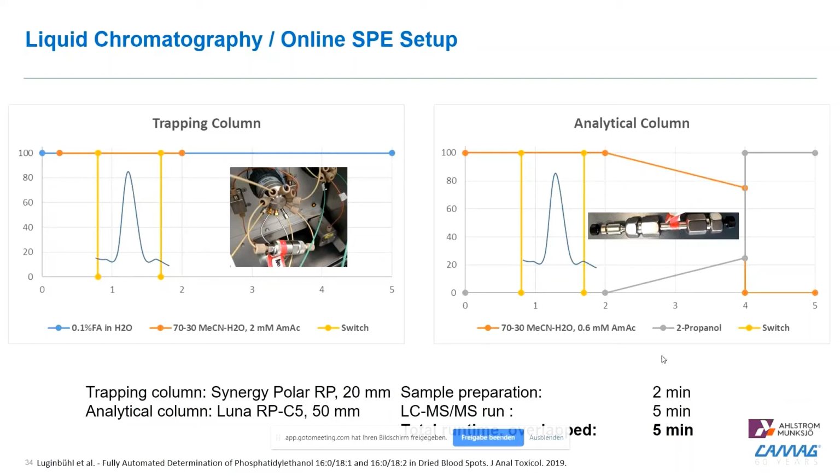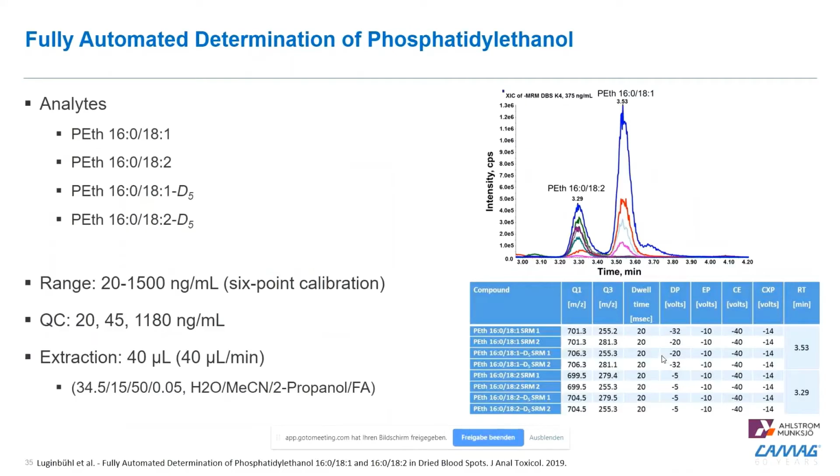And once phosphatidylethanol is eluting from this column, we switch, indicated by these yellow bars, onto the analytical column in order to transfer the analytes. The analytical column was preconditioned with a very similar solution, and afterwards we perform gradient elution by adding some isopropanol to separate the 2 compounds, PEth 16:0/18:2 and PEth 16:0/18:1. How this then looks as a chromatogram is depicted here on the top right.